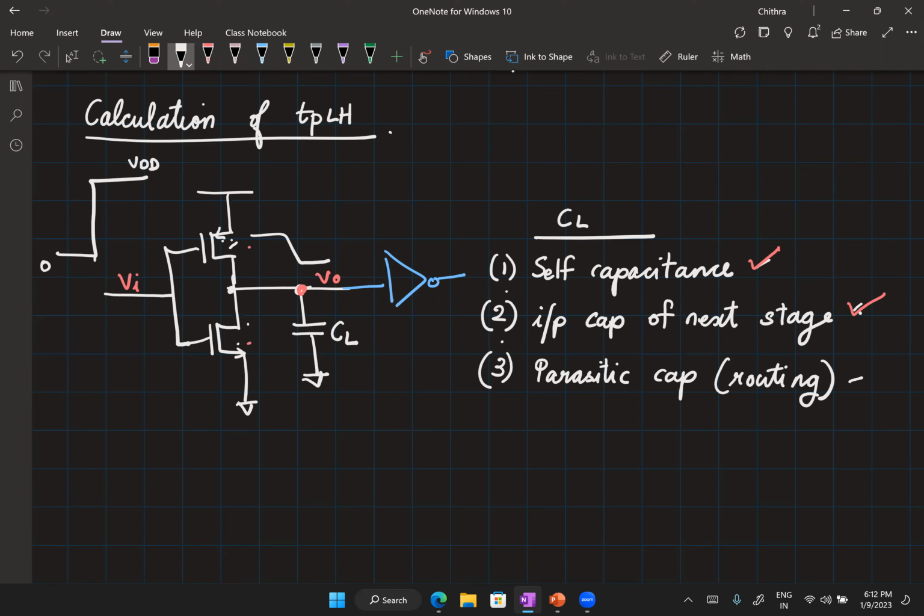Now for calculating the delay, we only have to find out the time it takes for the output signal to go from VDD to VDD by 2, because the input goes from 0 to VDD by 2 instantaneously. So this is for calculation of high to low propagation delay, TPHL.